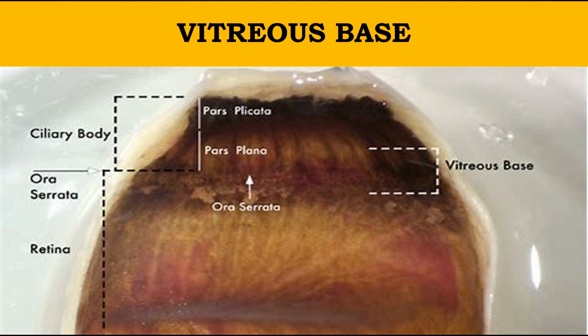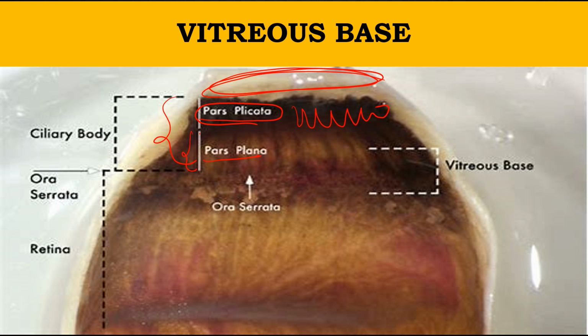Okay, so over here this is actually a section of the eyeball, and you can see over here this is your cornea, and over here this is your ciliary body, and you can see that the anterior part from where you're going to have the ciliary processes is known as the pars plicata. The posterior smooth part is called the pars plana. Now, from behind the ciliary body, what starts is the retina.